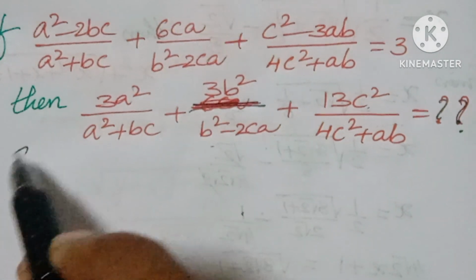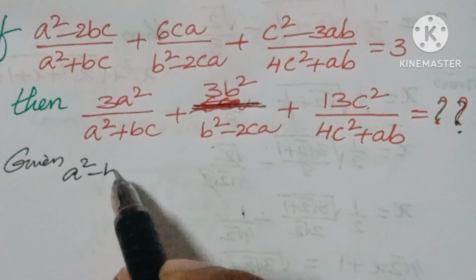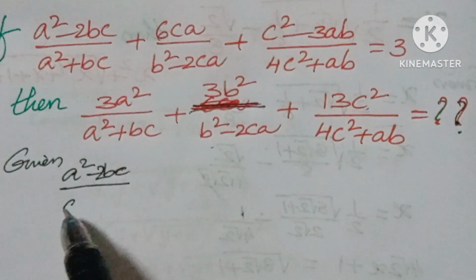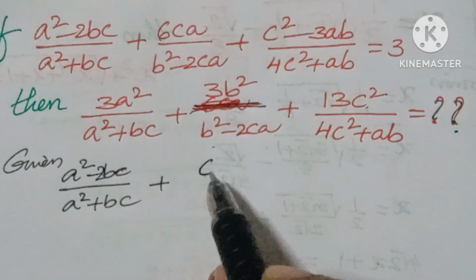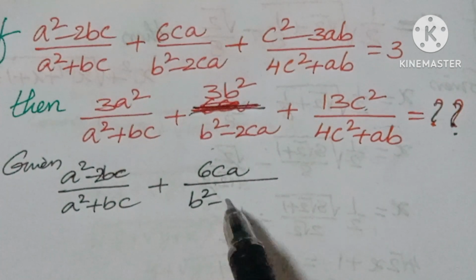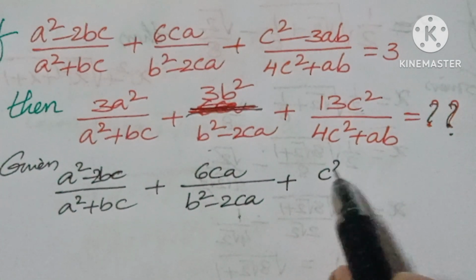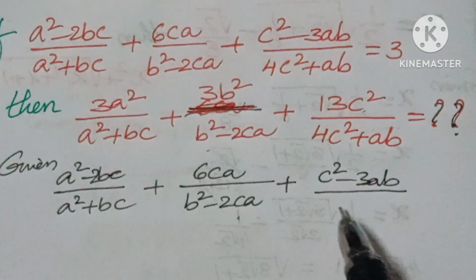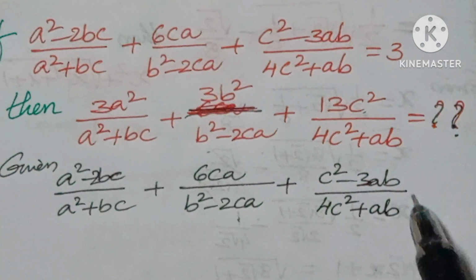So here, given (a square minus 2bc) by (a square plus bc), plus 6ca over (b square minus 2ca), plus (c square minus 3ab) over (4c square plus ab) is equal to 3.